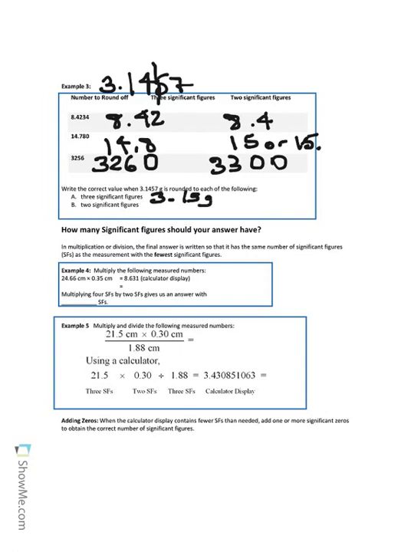grams. All right, let's take a look at rounding this to two significant figures. 3.1457 to 2. 1, 2. Here's our line. Is the 4 5 or greater? No. So we would round this to 3.1 grams.